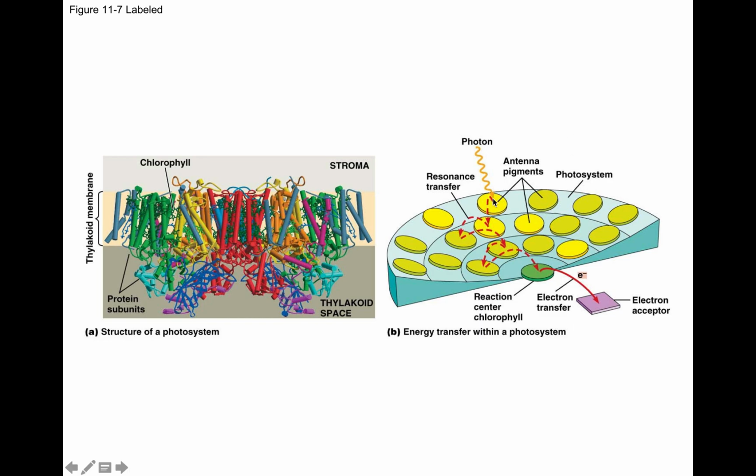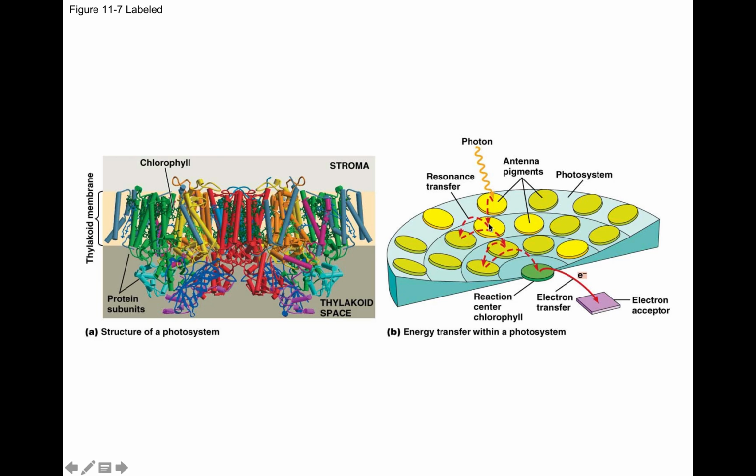Then if those electrons get excited and go to the higher energy level, when they return to their original energy level, they can give off that absorbed energy as heat, like we just saw in the previous slide, or they can transfer that excitement, that energy, into another antenna pigment, which then goes through the same process.